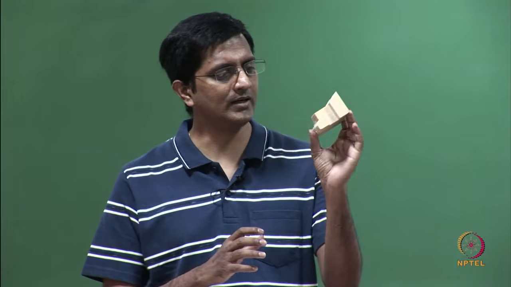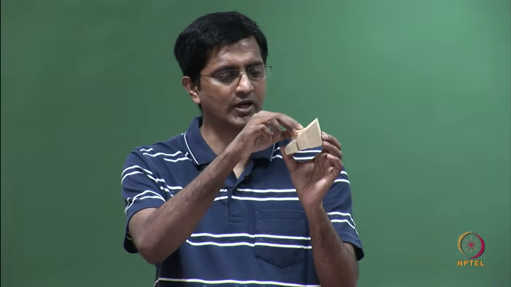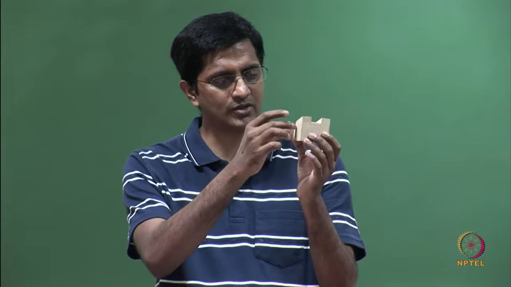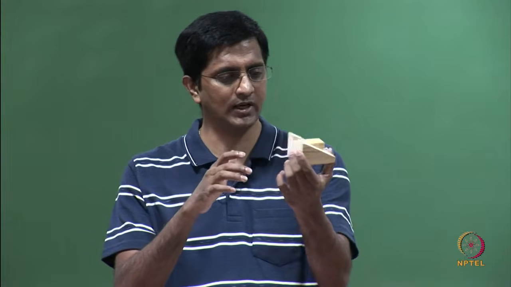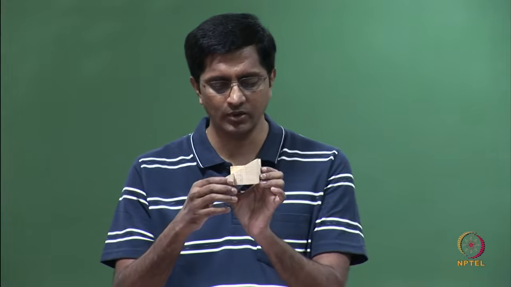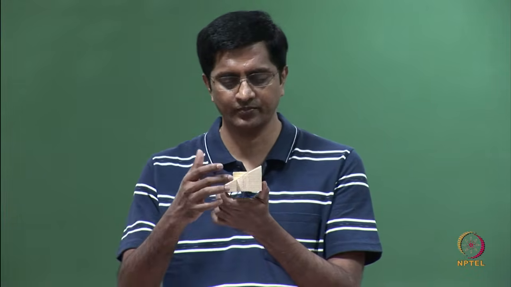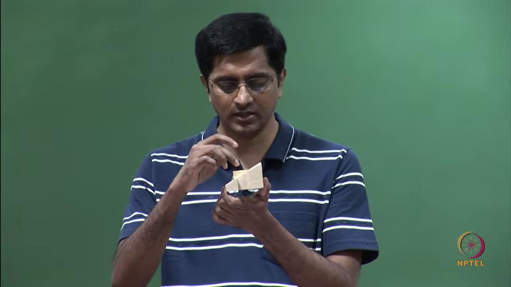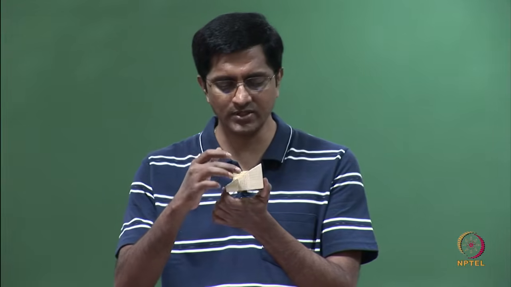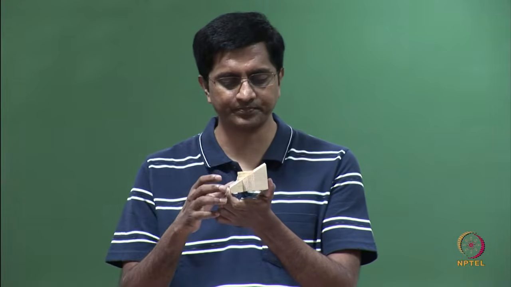Looking at it, I see that having this triangle at the top is one feature, one slot here is another feature, and a slot here is another feature. Let us say in this view I can capture 2 of those: this triangular slit sitting on top of this inclined surface as well as this slot.